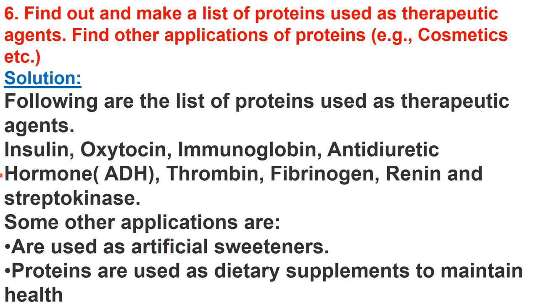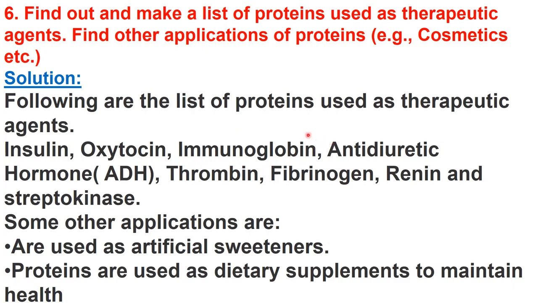Insulin, you know, is used for regulating the blood glucose level. Oxytocin is a hormone, so it also plays a role as a therapeutic agent at the time of delivery of a baby.